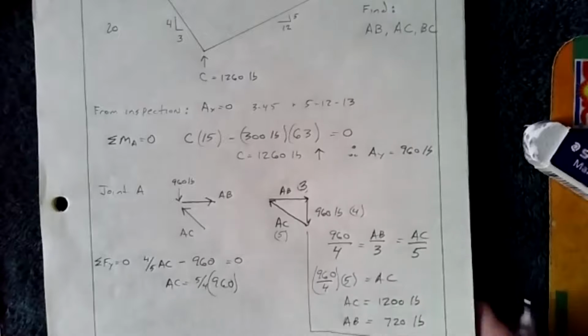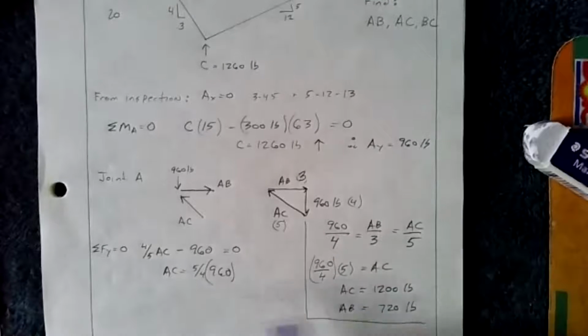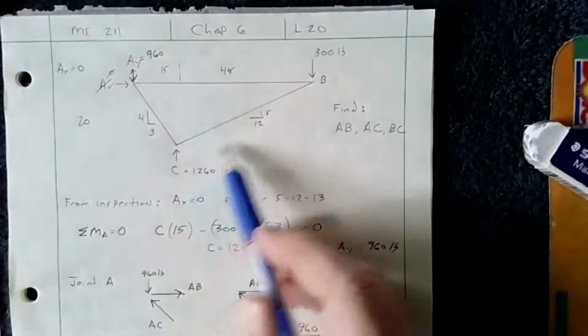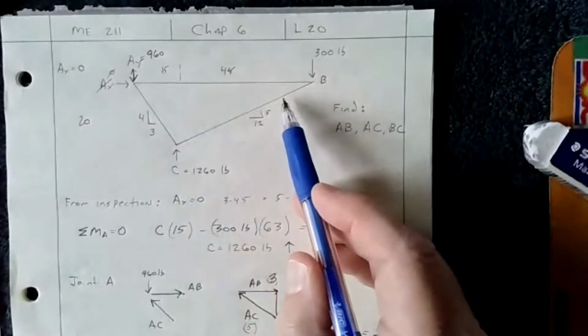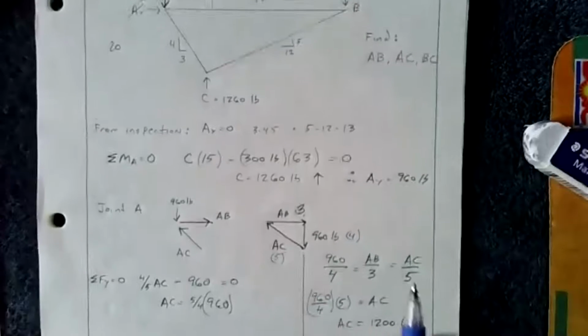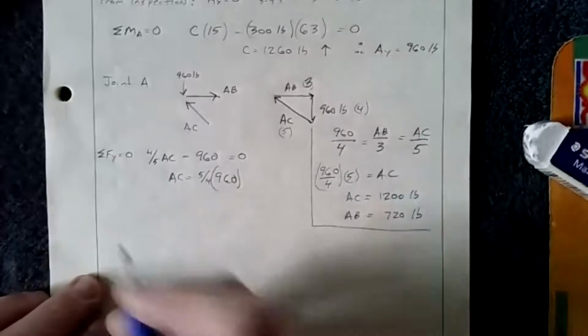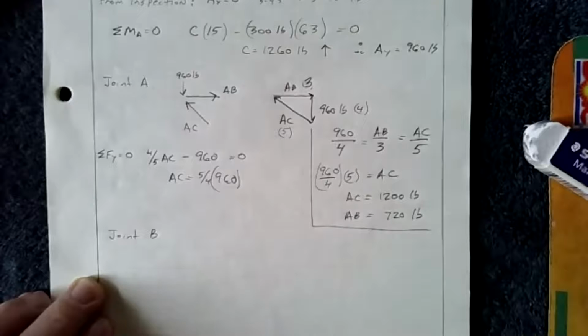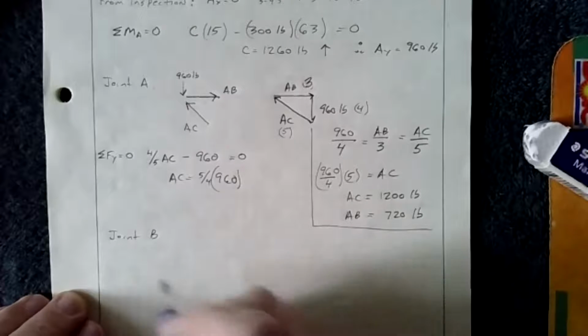So we've established that we're happy that that works. Now we know this and this, so we just have to find this. In that case, we go over to joint B. In joint B, what do we know?